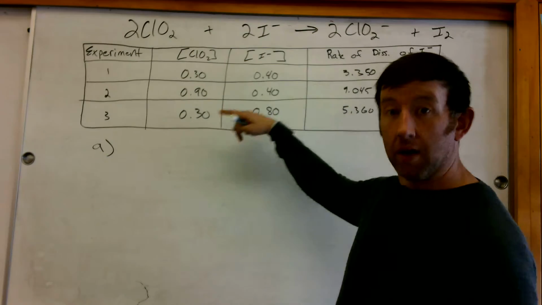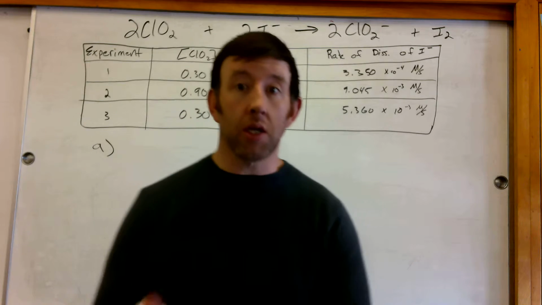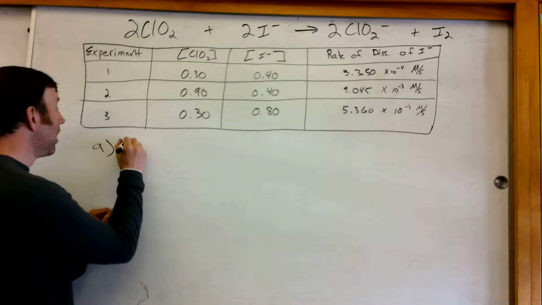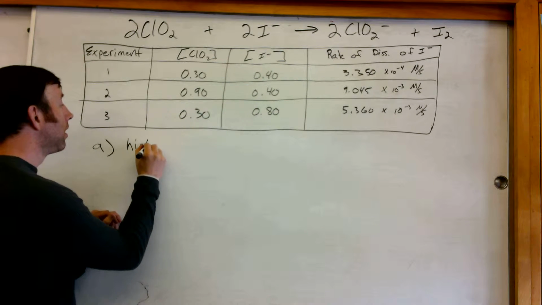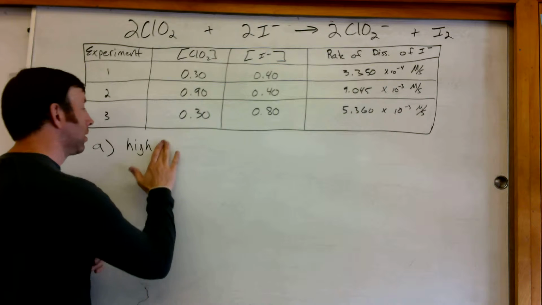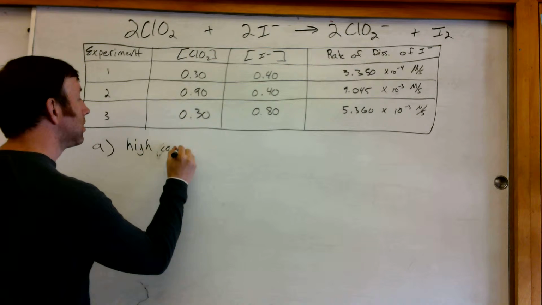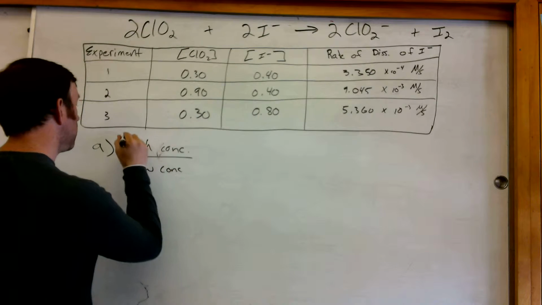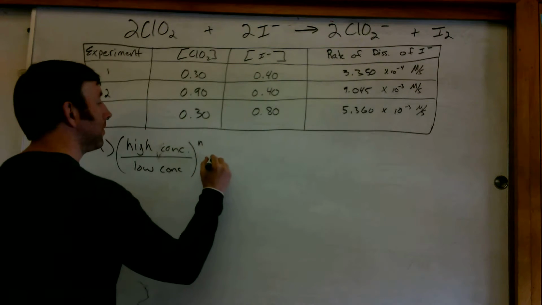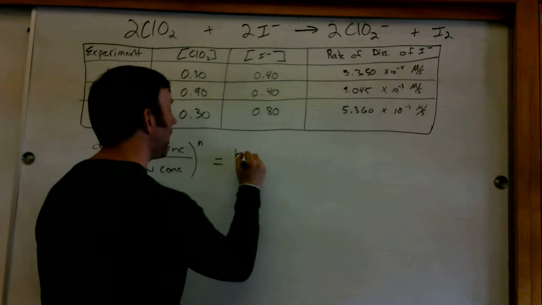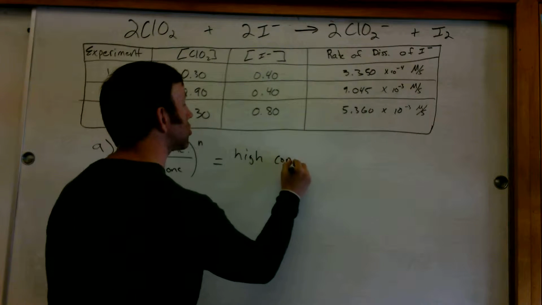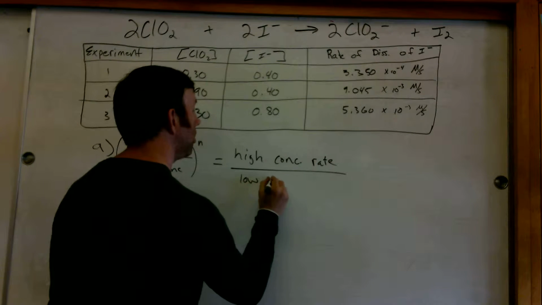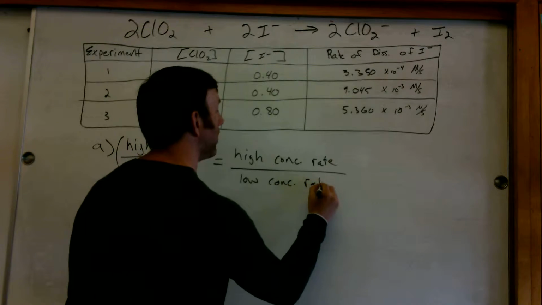So I can use experiments 1 and 2 to compare for chlorine dioxide. Here's the formula I'm going to use: high concentration over low concentration, to the nth power, is equal to the high concentration rate over the low concentration rate.